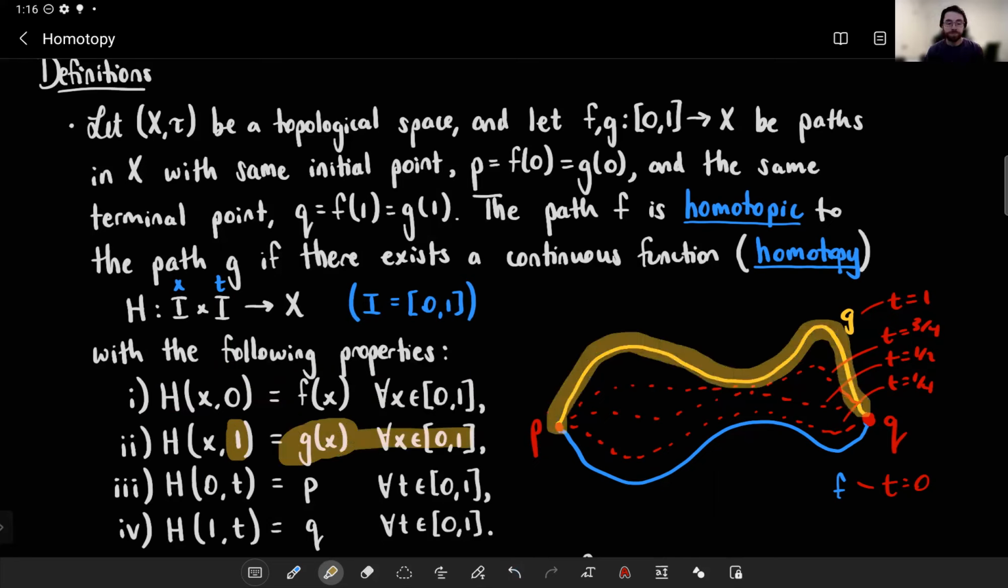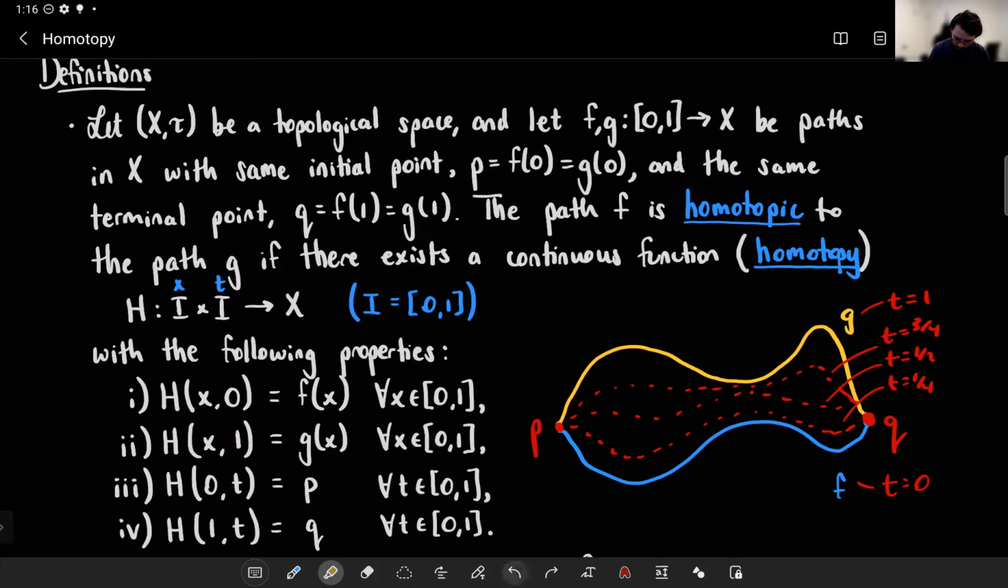So yeah, that's exactly saying I fix my endpoints. Whoops, I meant to highlight this. At location 0, we're always at P. Location 1, we're always at Q. Time 0, we're equal to the function f. Time 1, we're equal to the function g.